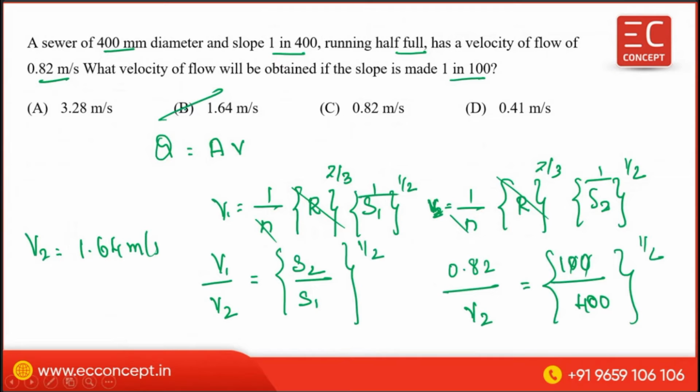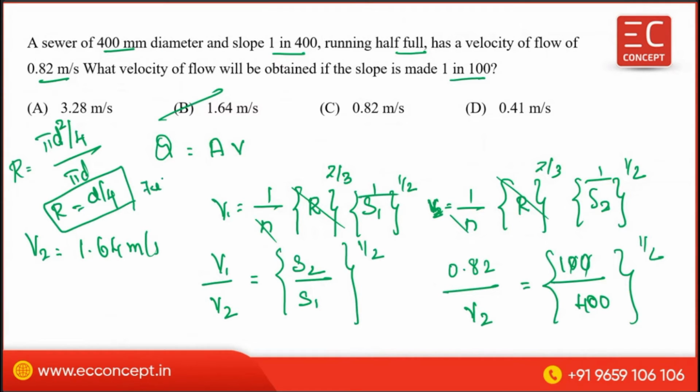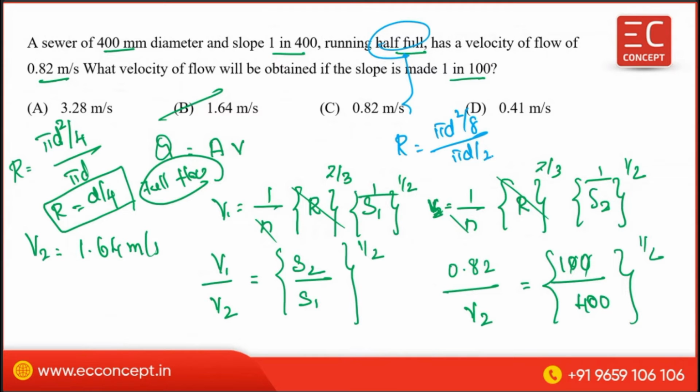It is option B. See, usually how they ask is, from this area, most questions come based on R. Okay? See, R is equal to wetted area by wetted perimeter. So in full flow condition, pi d square by 4 by pi d. So what is the R value? d by 4. This is for the full flow condition. For the half flow condition, R is pi d square by 8 by pi d by 2. So this is also equal to d by 4.